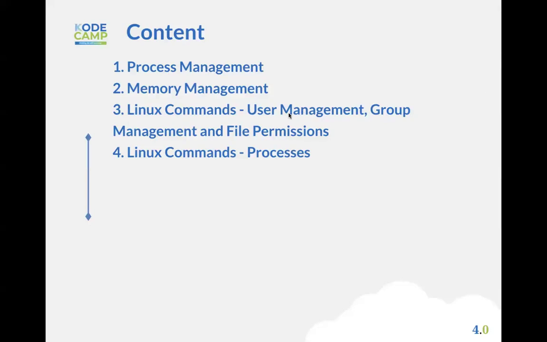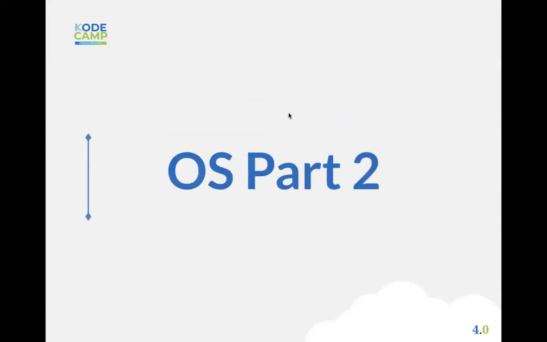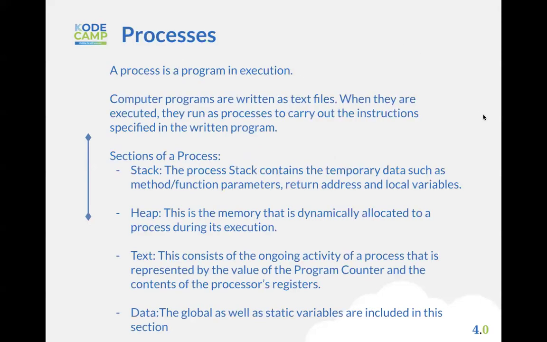Okay, so let's begin. First of all, with the operating system part, then we go over to the Linux part. So looking at processes, we know that a process is a program in execution. A program is a set of instructions written to a file.